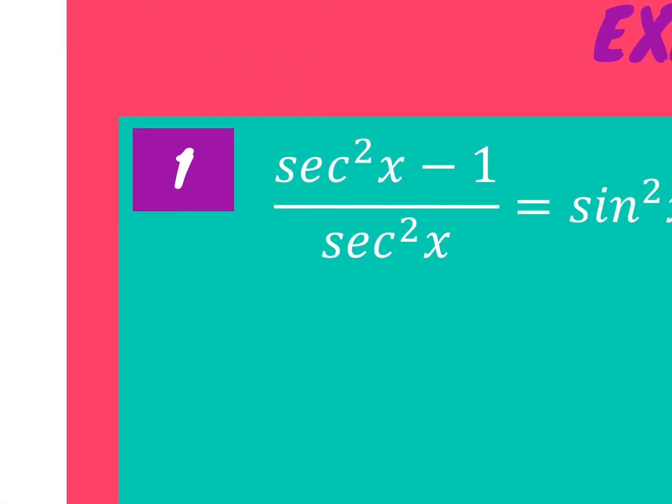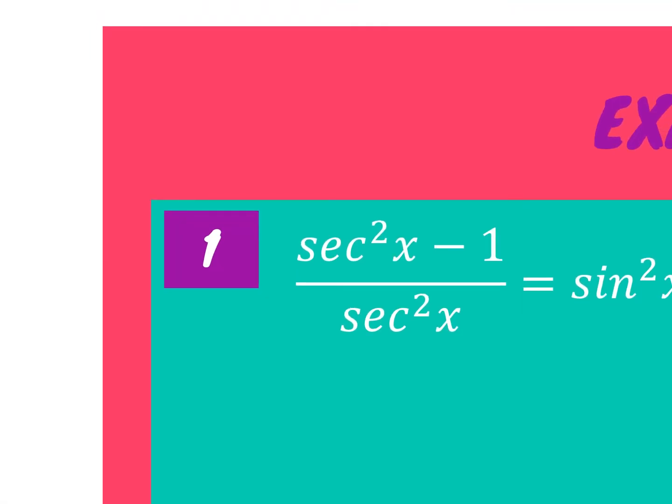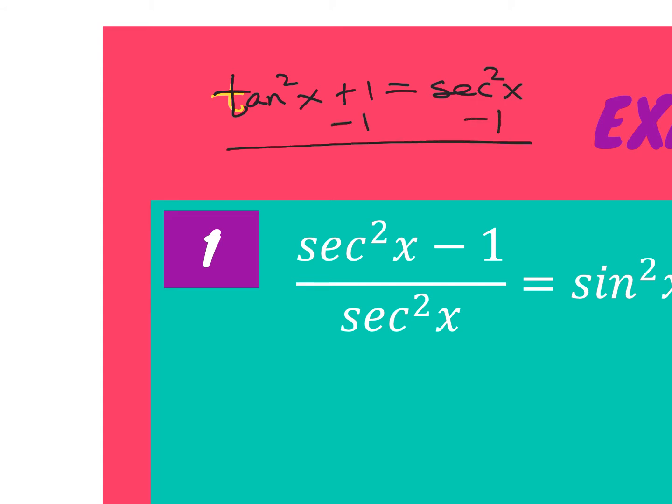So my left side is the more complicated. So what I'm going to do here is I'm going to be using the Pythagorean identity of tangent, I'll do it in black, tangent squared x plus 1 equals secant squared x. I'm going to subtract 1, and I'm going to get tangent squared x is equal to secant squared x minus 1.